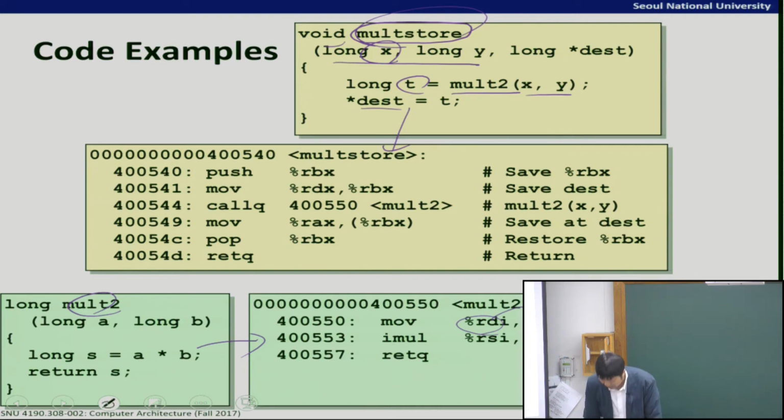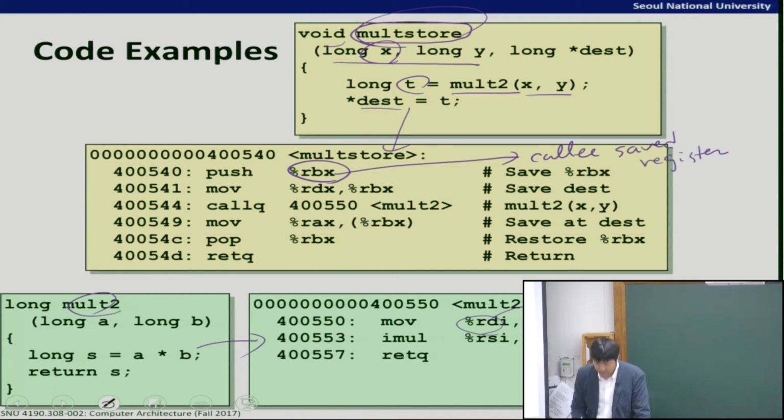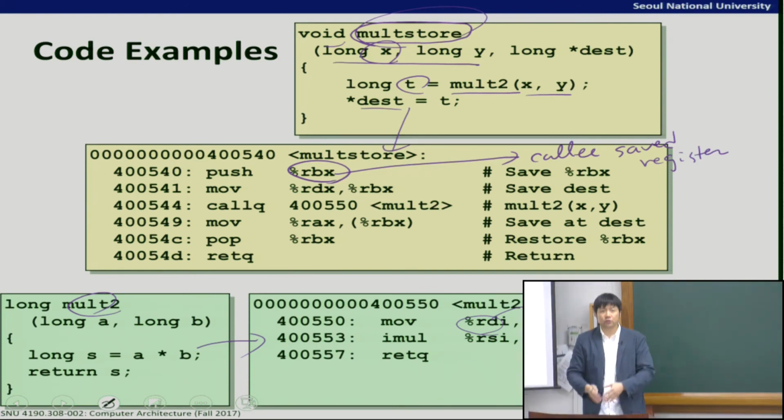So the question is why we need to save the value of RBX. Of course you know that RBX is a callee saved register, meaning that the value of RBX must be the same before and after this function call, right?